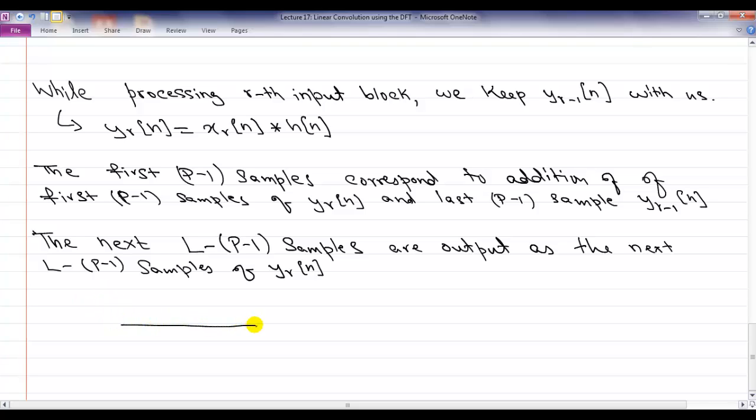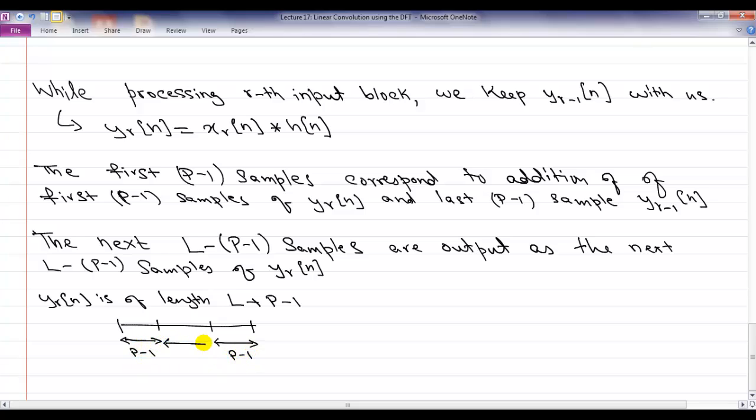Each y_r[n] is of length L plus P minus 1. In steady state, you divide it into three pieces. The first piece is of length P minus 1. The last piece is of length P minus 1.